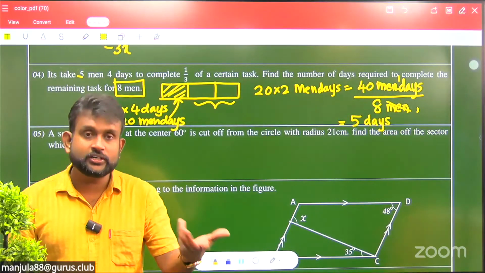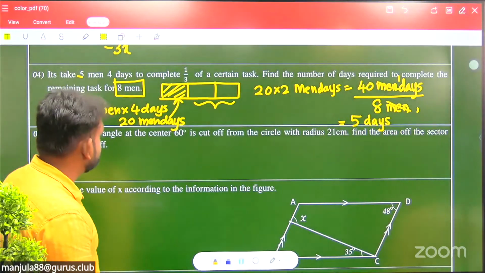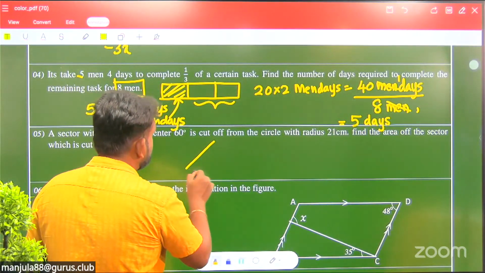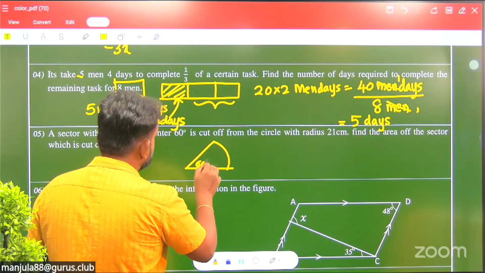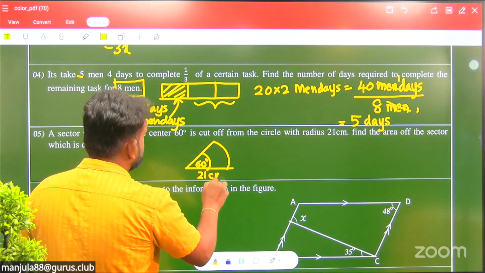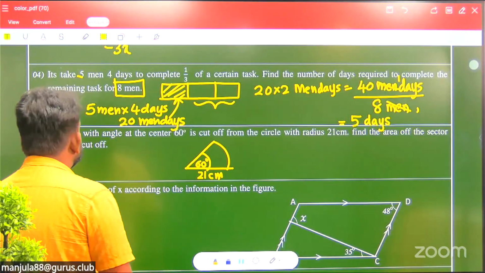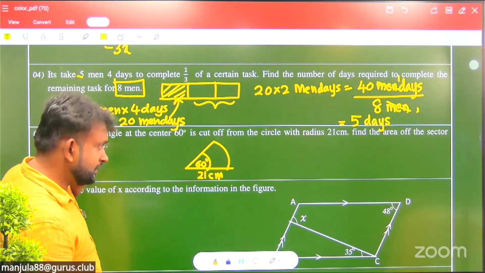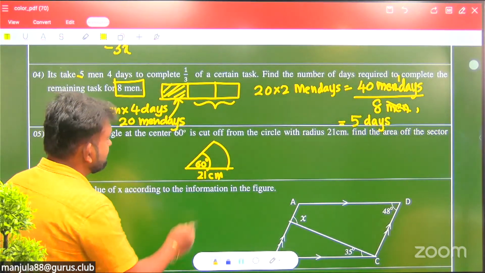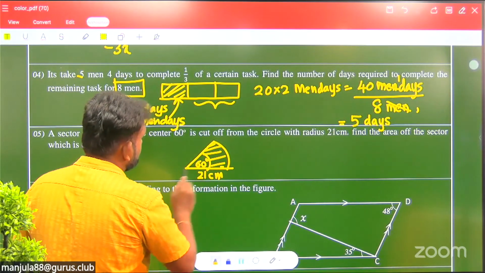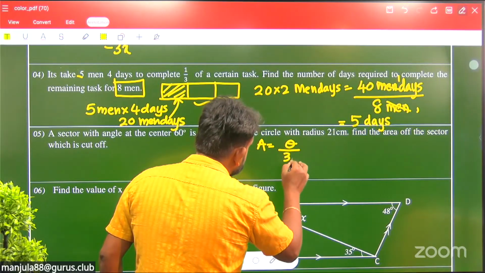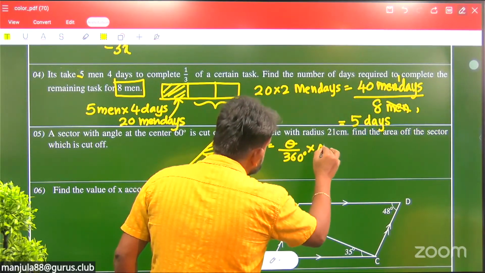Then other quantities are found. Next: a sector with the angle at the sector center 60 degrees is cut from a circle with radius 21 centimeters. Find the area of the sector which was cut off. So they're asking for the area of the cut off sector. This is a 60-degree sector. How do we find the area of such a sector? Theta upon 360 into pi r squared is the area.